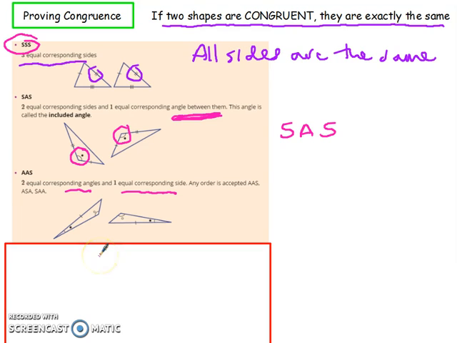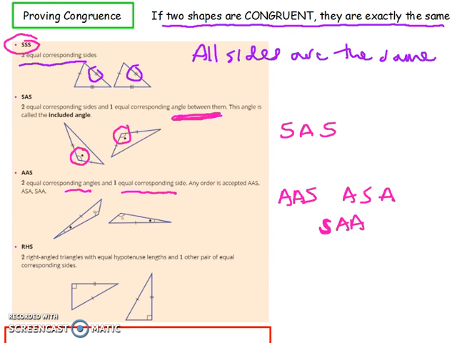The side doesn't necessarily have to be in a particular place in relation to the angle, but we know that we've got two angles and one side that match. We could say we've got two angles and one side, in any order. It doesn't matter where we put the S's and the A's.